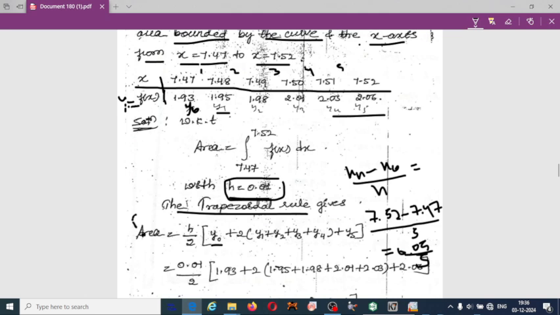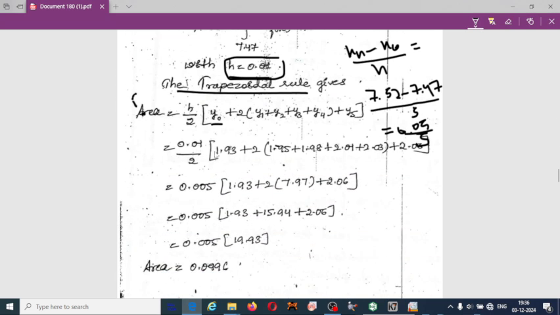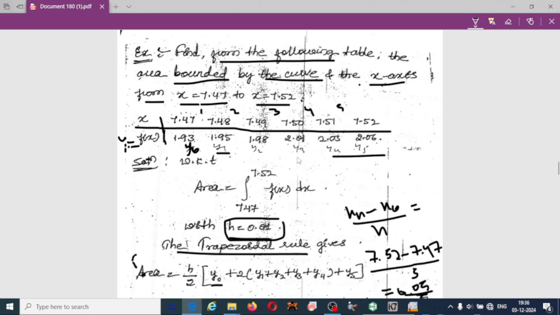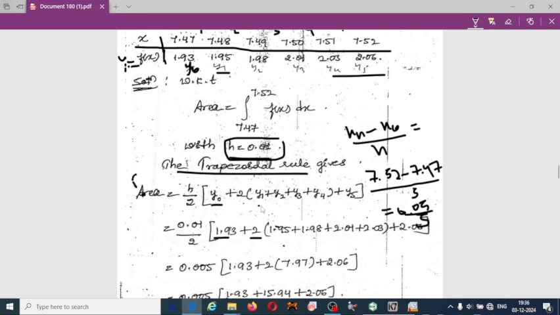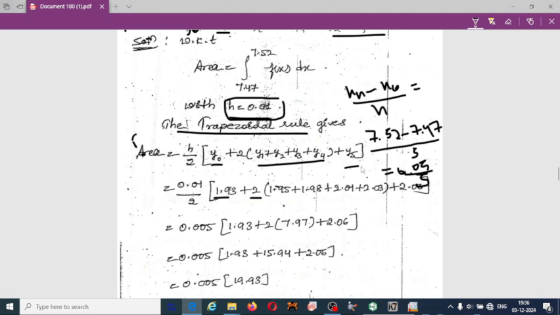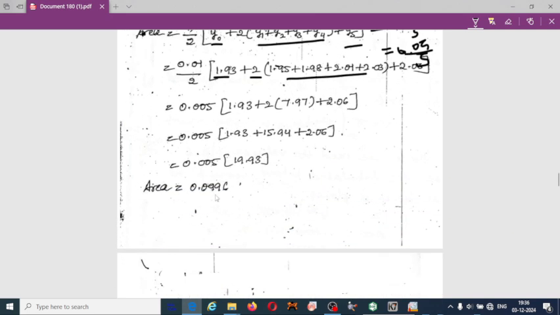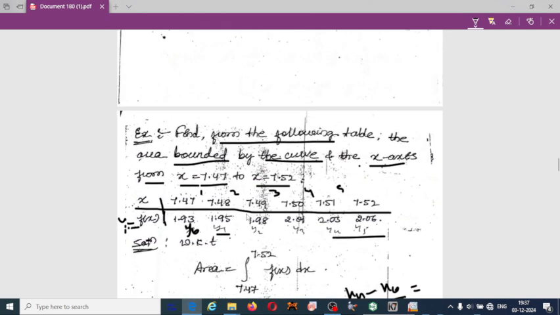If you substitute in the function, you will get y0 equal to 1.93. Substitute that, and 2 into y1 up to y4 values you should substitute here, and y5. If you add all these terms and simplify, you will get the final area under the curve. This is how you can solve this problem.